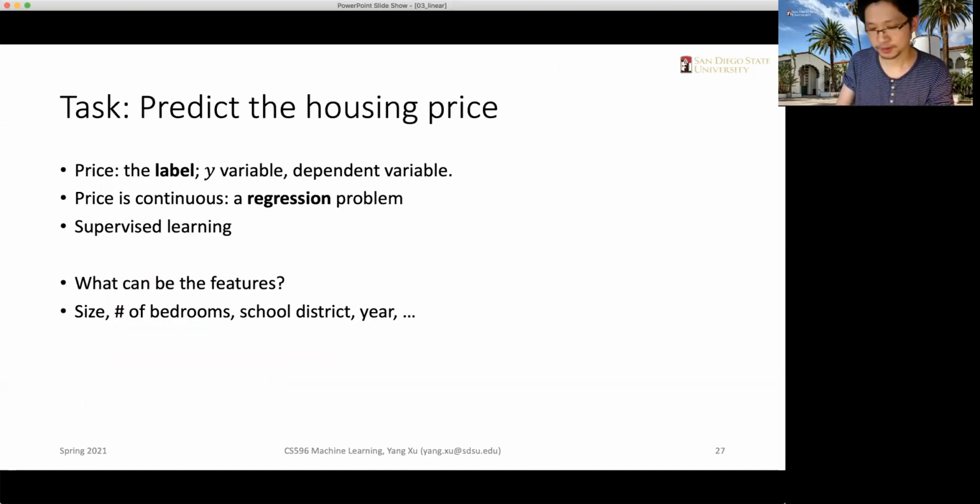All right. So let's look at the task. How do we define the so-called machine learning problem? Okay. The linear regression problem. All right. So think about the task of predicting the housing price. So the price is the label, okay? It is the label we want to predict.